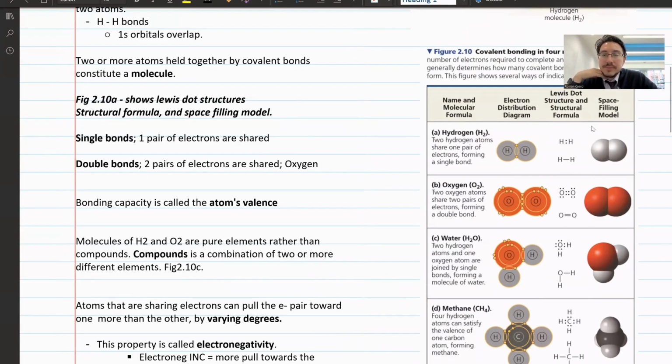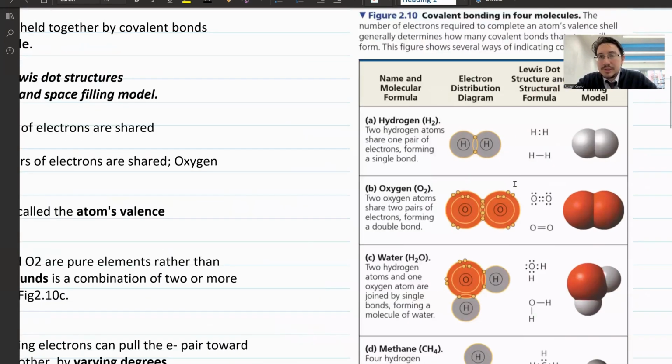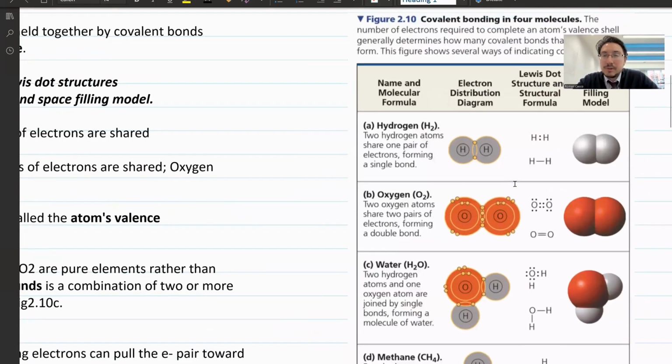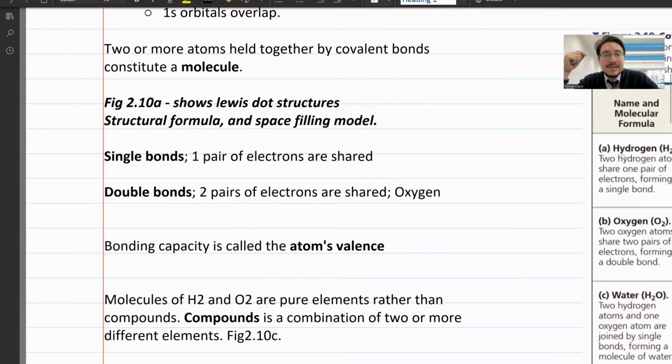We also see a space-filling model. You'll see these different forms throughout the textbook many times, so it's good to familiarize yourself with the modeling conventions. This is an electron distribution diagram, this is a Lewis dot structure, and this is a space-filling model. Sorry about that.